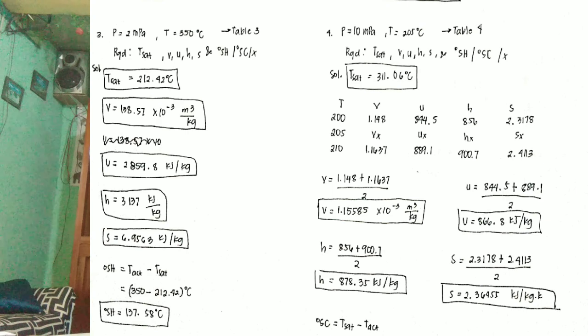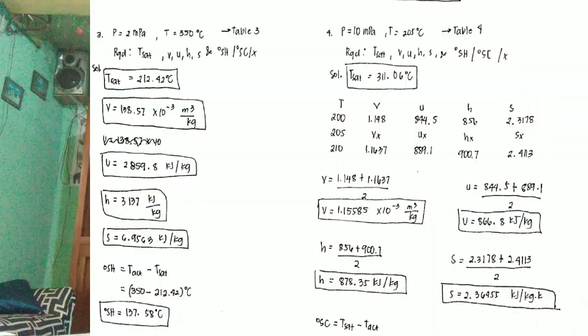Now we get the degree superheated. The formula is T actual minus Tsat. Our T actual is 350, given in the condition.